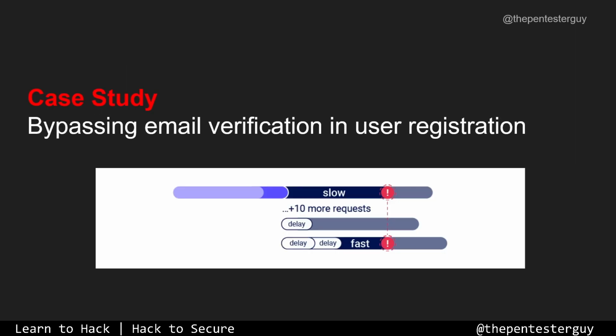Now, the case study which I'll be covering is bypassing email verification in user registration. Using the image, what I want to say is that we have seen this was the network latency, this was the jitter amount, and after that this is the internal latency. And what we see here is the window where we will check for race conditions, right? So this image explains that we have sent a number of requests.